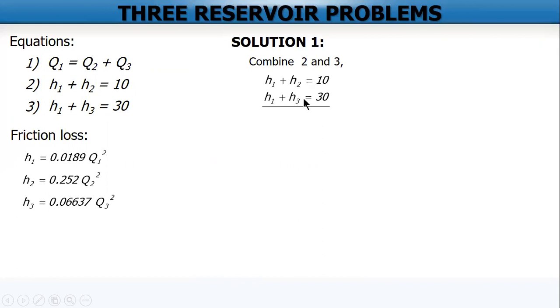For this solution, the objective is to make the right side zero, not to eliminate any of the variables. So to make the right side zero, we multiply equation 2 by 3 and then subtract. The result would be 3H1 minus H1, that's 2H1, and then 3H2 minus H3 equals 0.